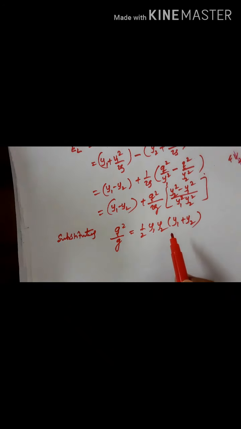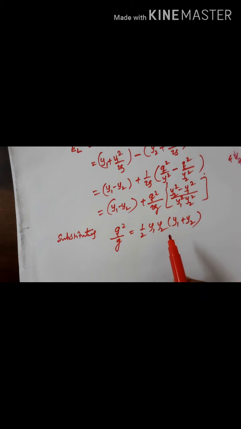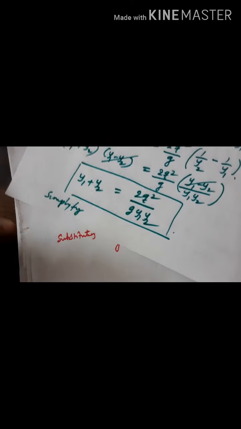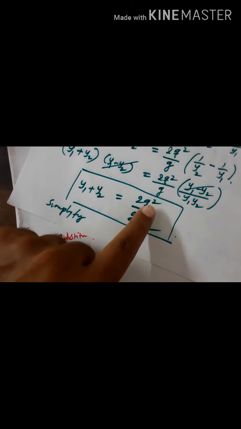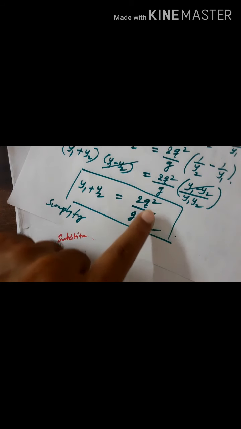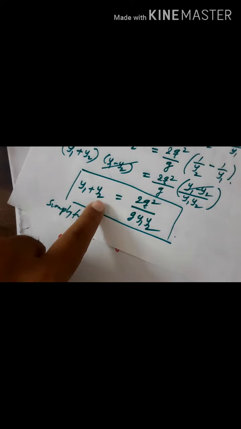This particular expression is there in the hydraulic jump expression, so it is to be taken from there. Just recall, 2 q square by g equals y1 y2 into y1 plus y2, so q square by g will become half of this.